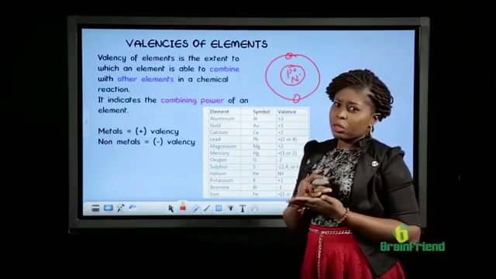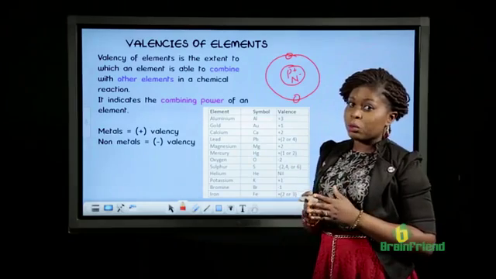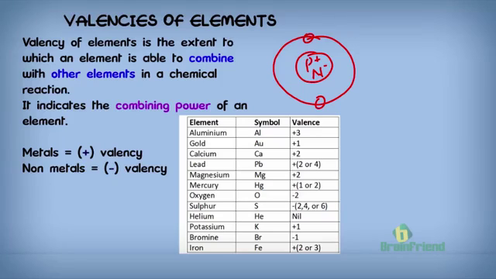Now, from that class also, we established that electrons are not just found anywhere. They are found in things we call shells. And the first shell, which is the shell closest to the nucleus of the atom, has the lowest energy. The shell next to it has a higher energy than this first shell.